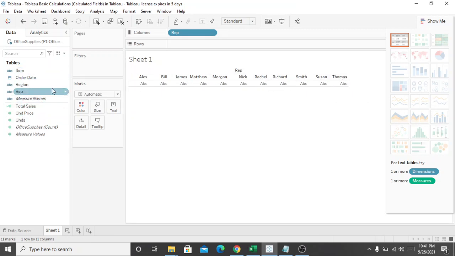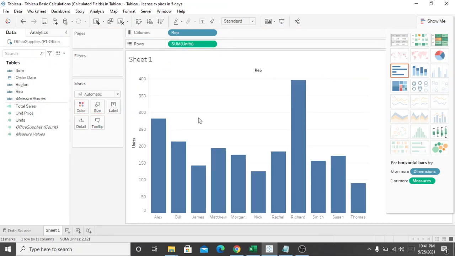Then we will take units to the rows section, and we can see we are doing this in bar charts. Let's see who is at what place. Alex is at 281 units, Bill is at 213, James is at 412, and the least is Thomas by units sold, and Richard is at 396.